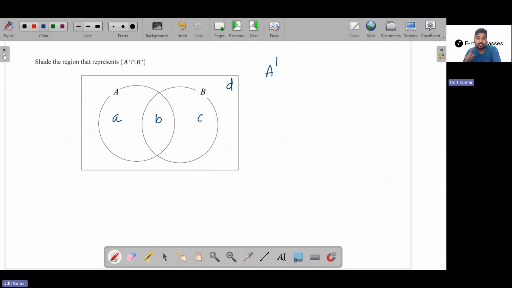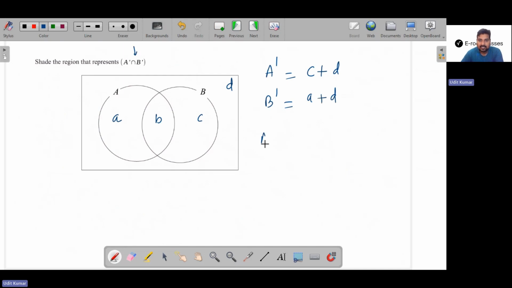A complement means not A. Not A means it can be C plus it can be D. If I say not B, B complement, it means it can be A plus it can be D.